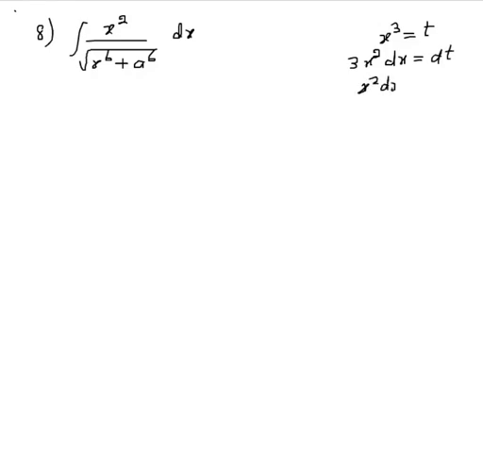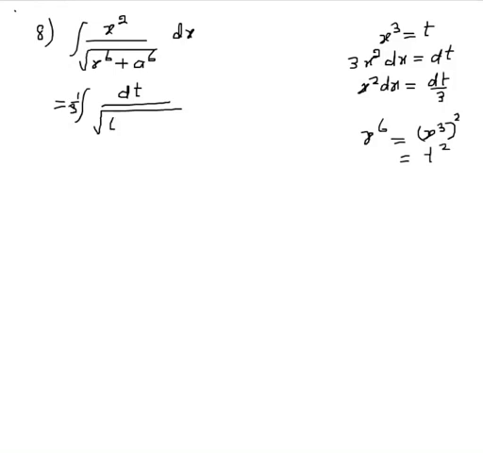Therefore, x square dx is dt divided by 3. The numerator x square dx becomes dt divided by 3, and the denominator root of x power 6 can be written as x cube the whole square, and x cube is t, so it becomes t square.